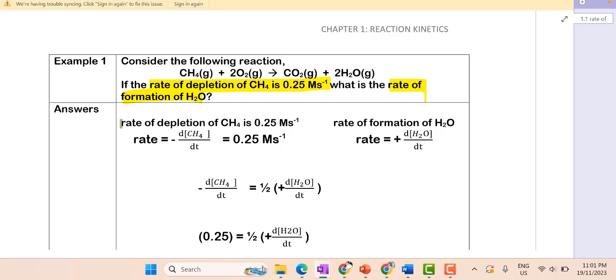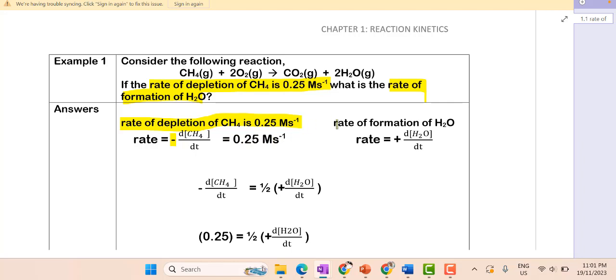From this data, we need to transform it into a mathematical expression. Depletion means negative, so negative change in concentration of CH4 over time, and the value is 0.25 molar per second.